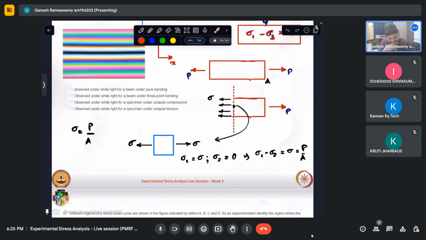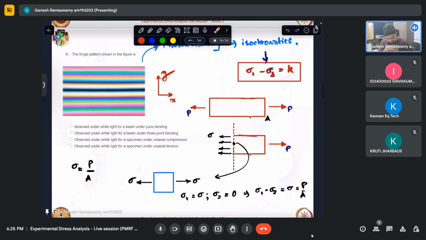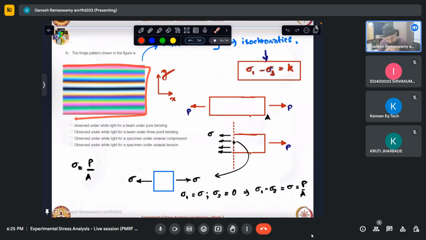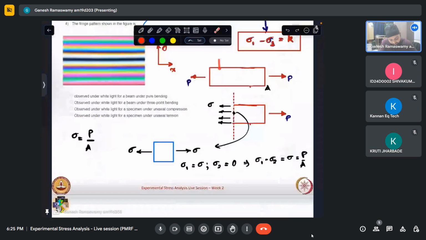Because this section has not said that it is covering the loading point, I am assuming that it is a section of the member. So in such a case, no matter where I take, I get only one value of sigma 1 minus sigma 2, which is equal to P by A, which happens to be a constant.